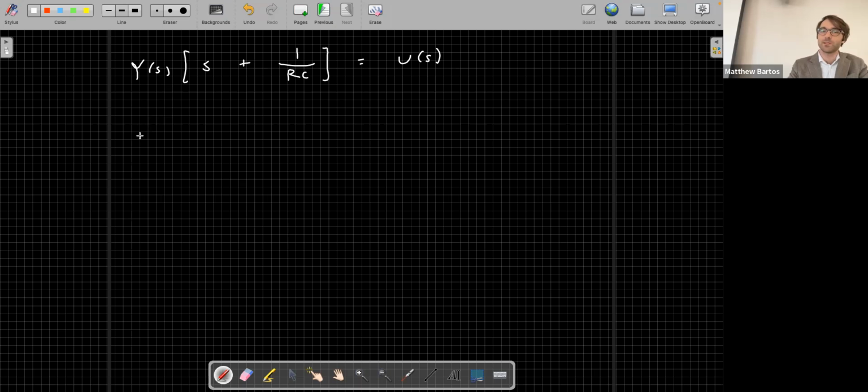Now we can simply divide by s plus 1 over RC, and we end up with Y(s) is equal to 1 over s plus 1 over RC, all times U(s).